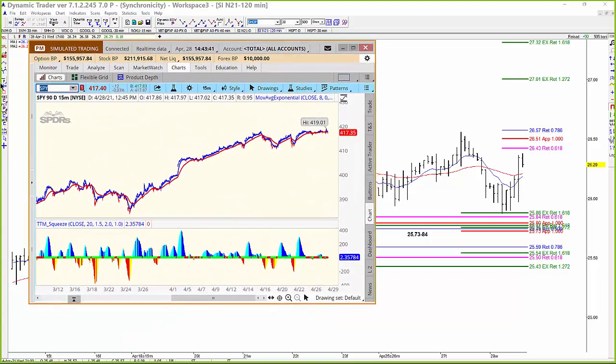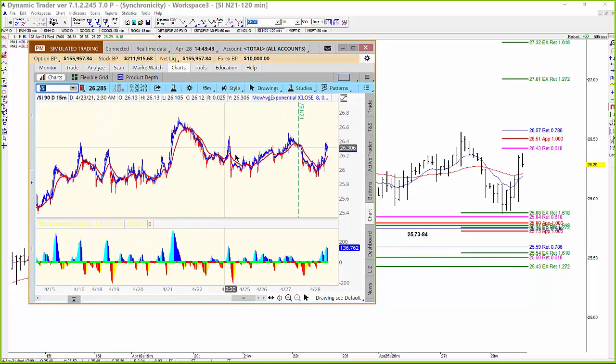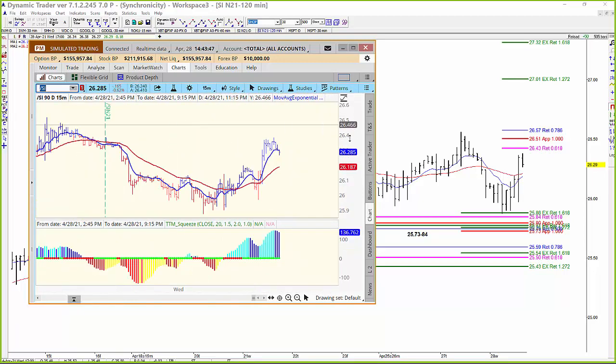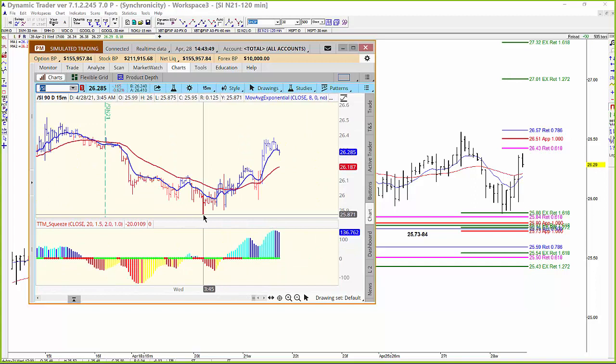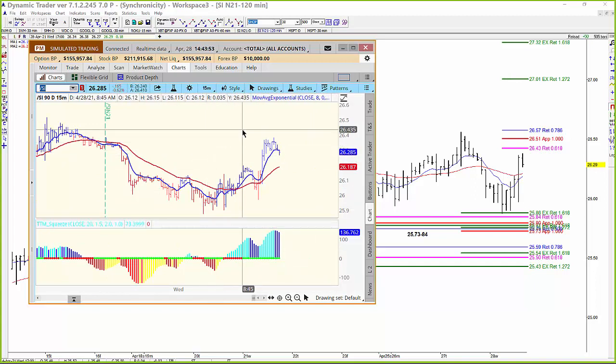So let's see if I can find a silver chart. It's a 15-minute. In this case, you would have seen a swing trade trigger in silver because you held the zone and then you had the crossover and you also took out a prior swing high.